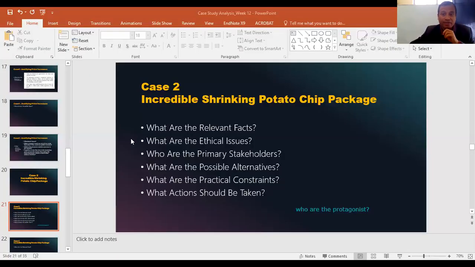I'm sorry, but what's the question? What are the relevant facts? Okay, the first one you see on the screen: what is the information given in this case which is relevant? Not everything, but what is relevant. We did the same thing for case one, where Donemala suggested some of the facts. Can you try, please?